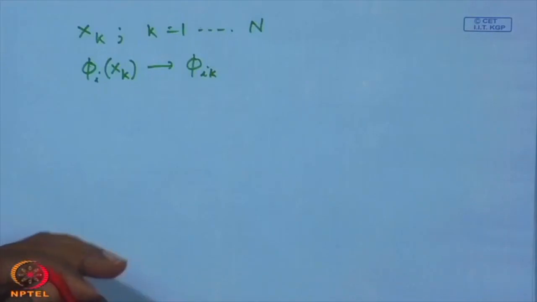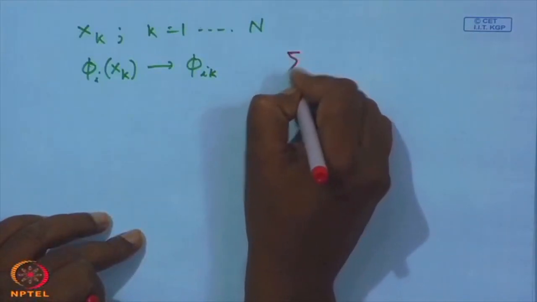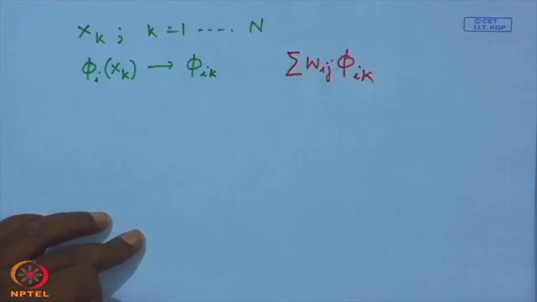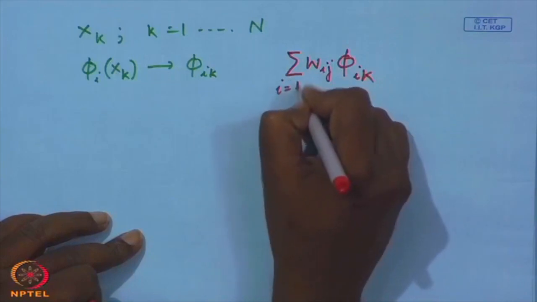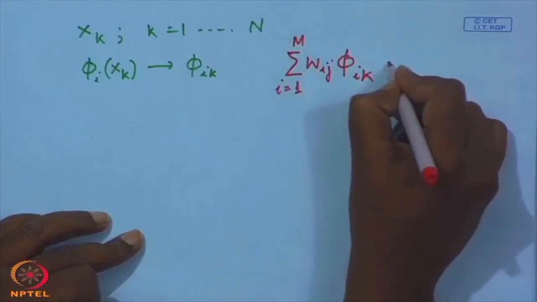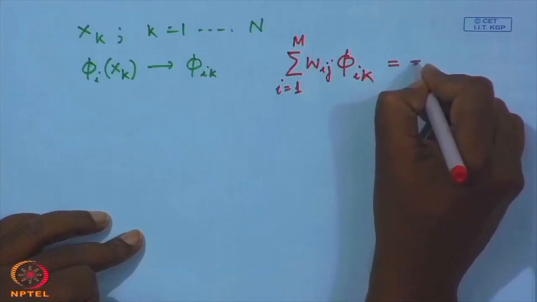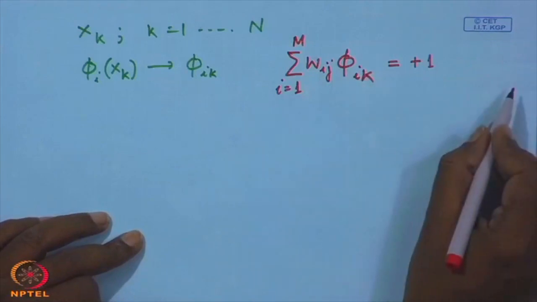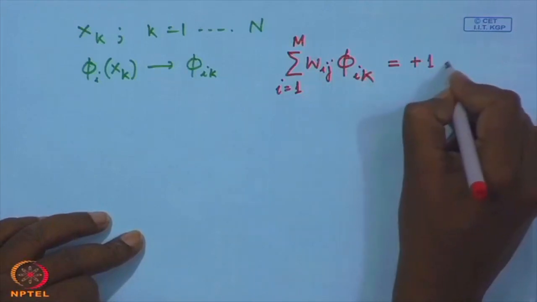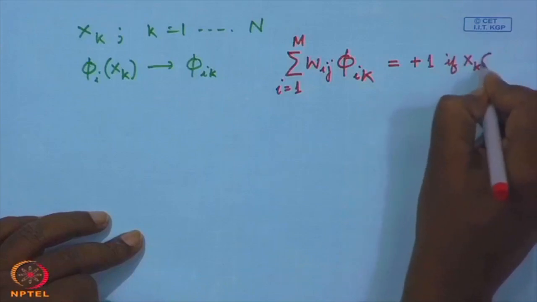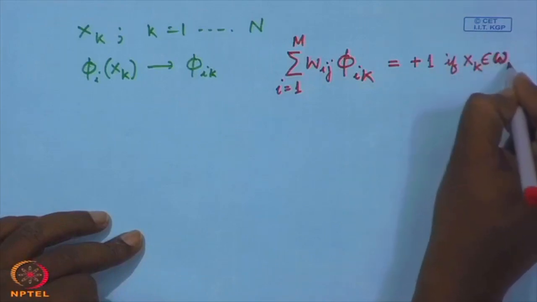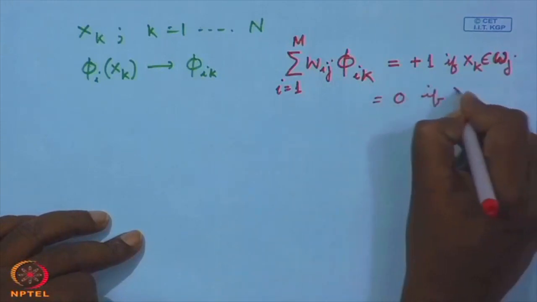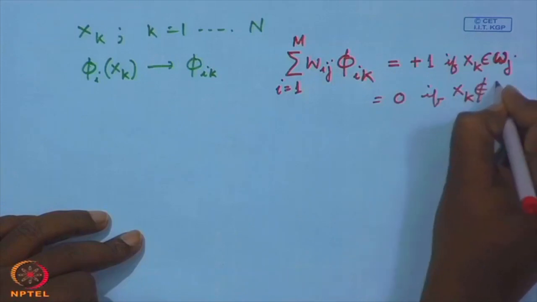So, my condition is, if you remember this one, sum of W i j into phi i k for i varying from 1 to m, this has to be equal to plus 1 if x k belongs to class omega j, and this has to be 0 if x k does not belong to omega j.